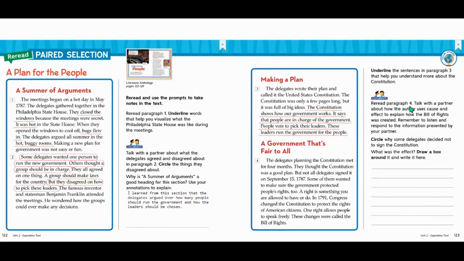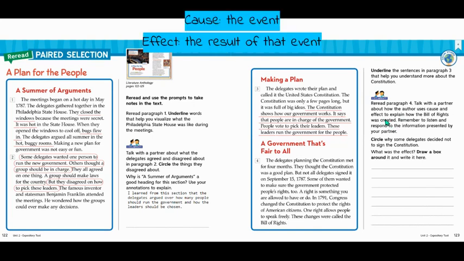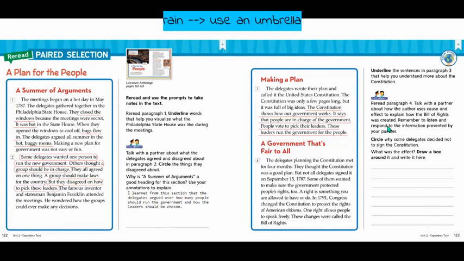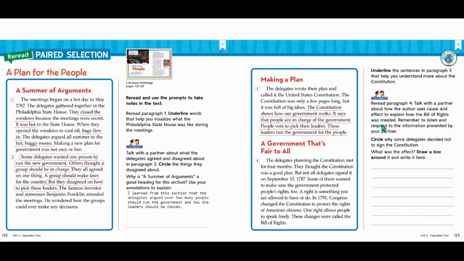Reread paragraph 4. Talk with a partner about how the author uses cause and effect to explain how the Bill of Rights was created. So when you have a cause, it creates an effect. Just like when it rains, that would be the cause, and the effect of rain would be that you were to get wet. Or if you planned ahead, the effect would be you pull out your umbrella.